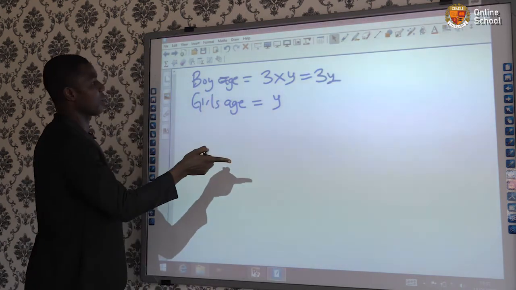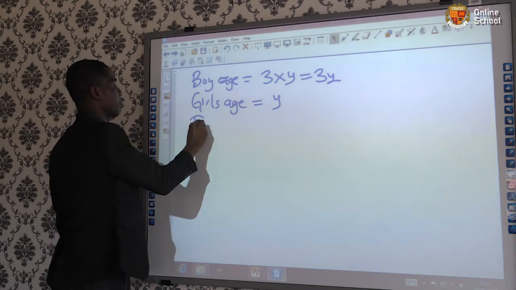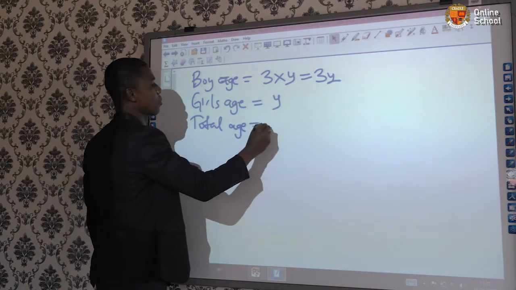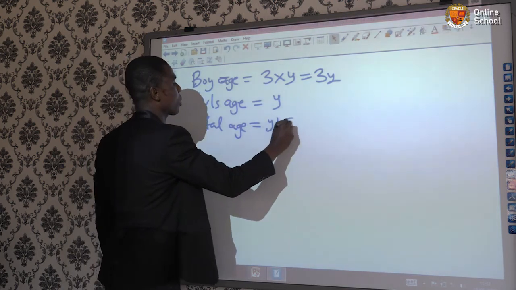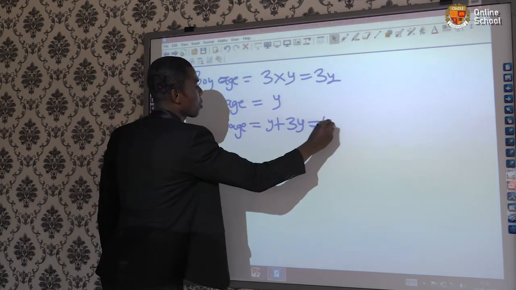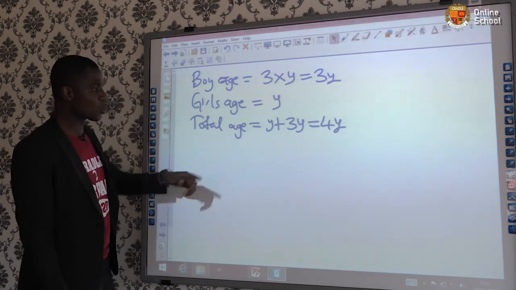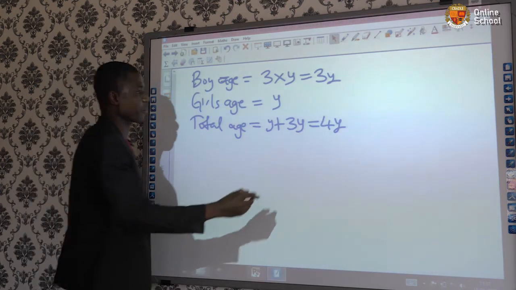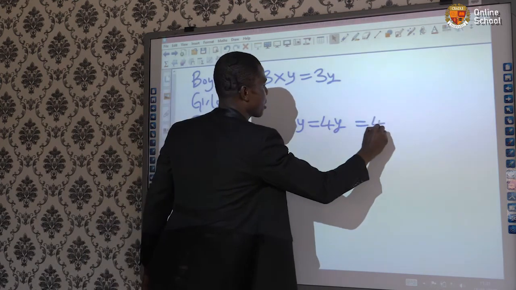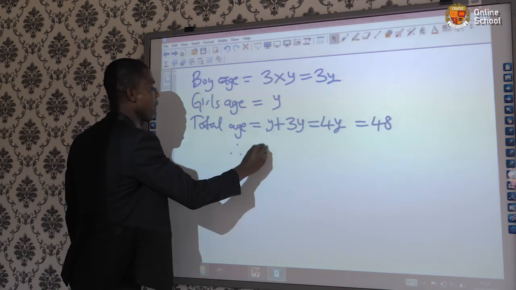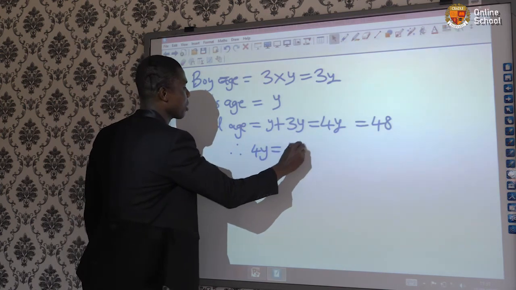So, what is their total age? Total age equal to Y plus 3Y, which is equal to what? 4Y, okay? And their total age was given to be 48, okay? Therefore, 4Y equals 48.